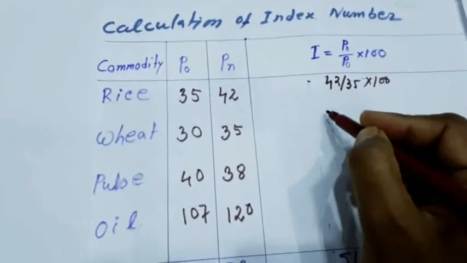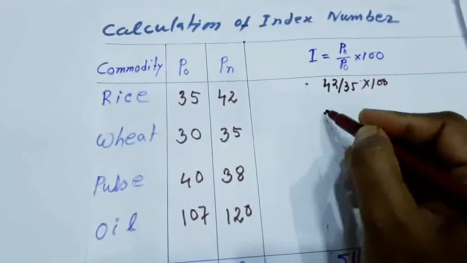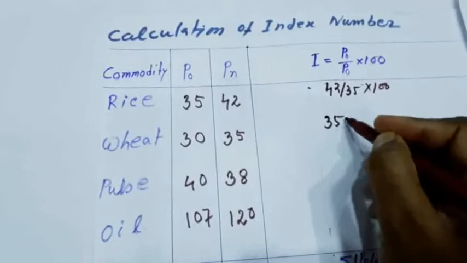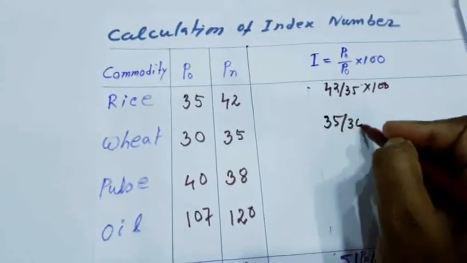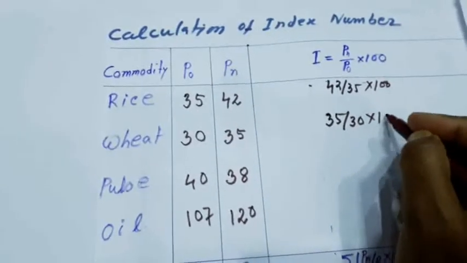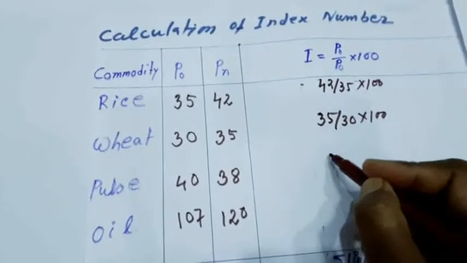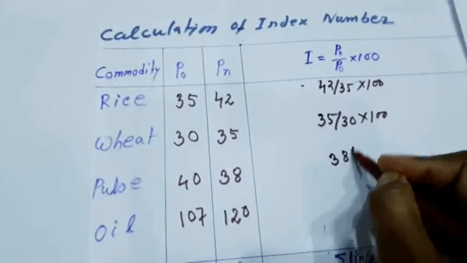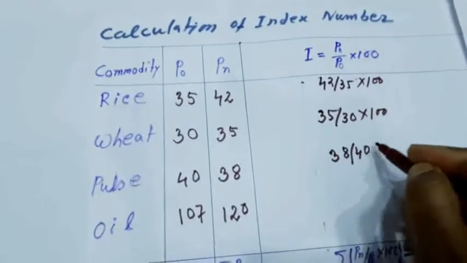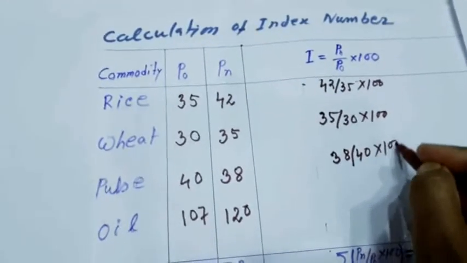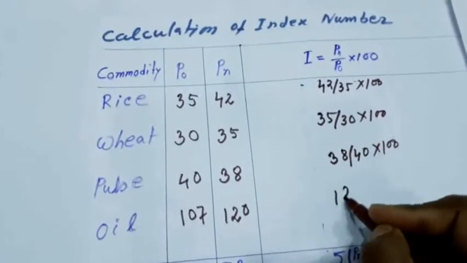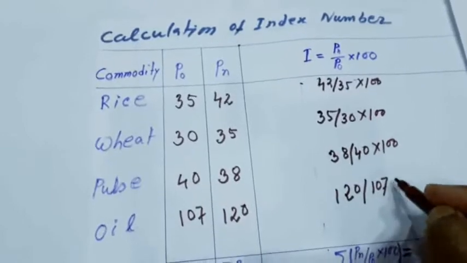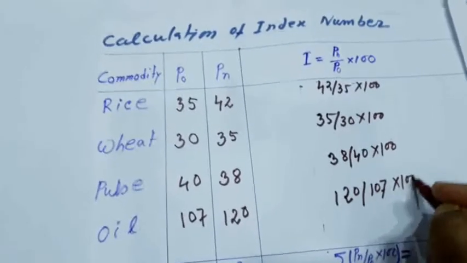In this case, 35 by 30 into 100. Here 38 by 40 into 100. Here 120 by 107 into 100.